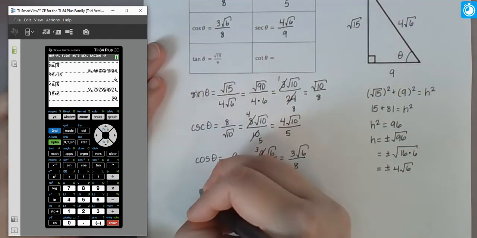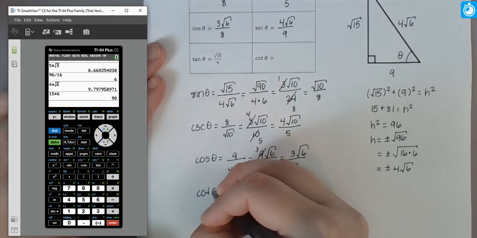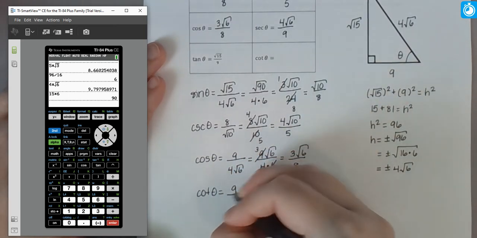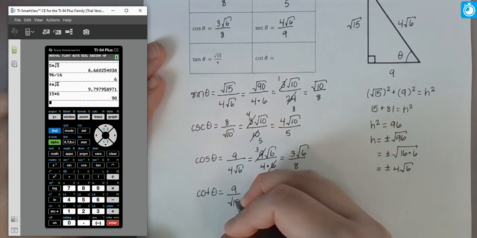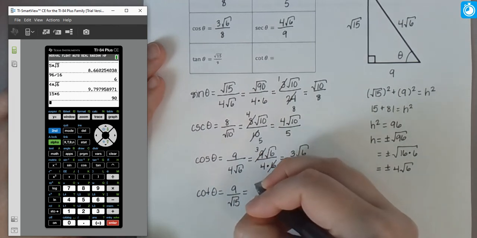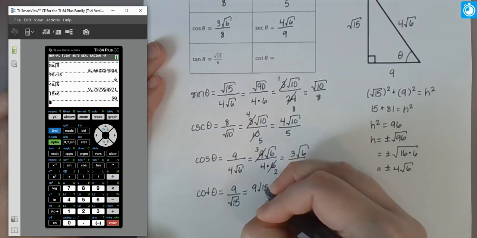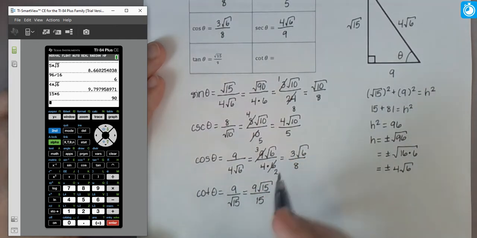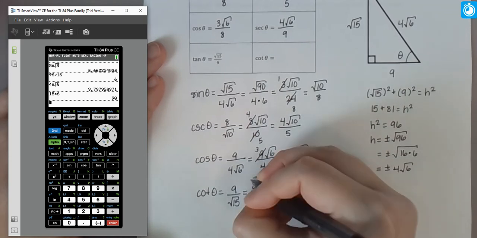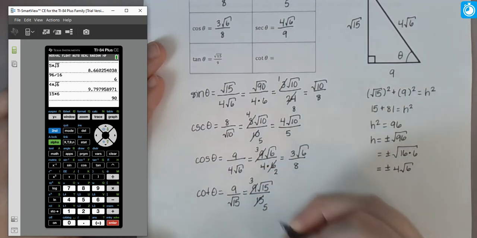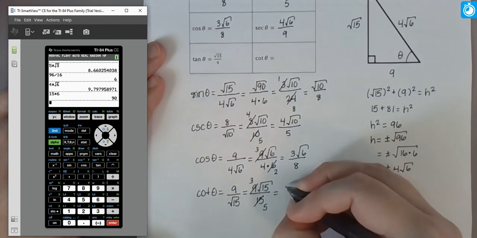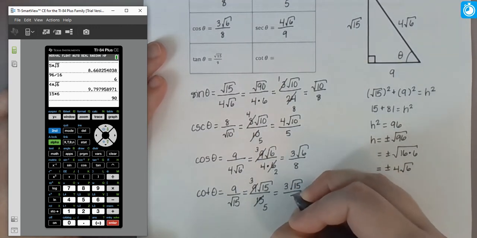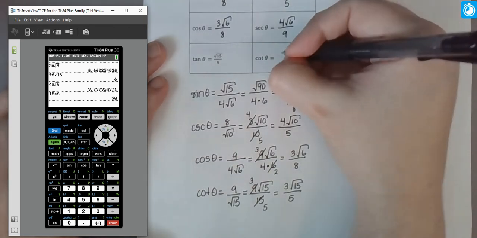So our cotangent of theta is the adjacent, which is 9, divided by the opposite, which is root 15. Again, rationalize. So 9 root 15 over 15. 9 and 15 have a common factor of 3. And so that's going to give us 3 root 15 over 5.